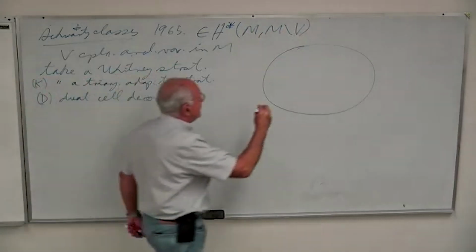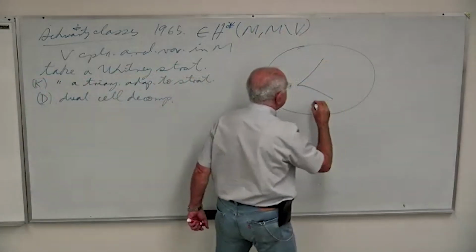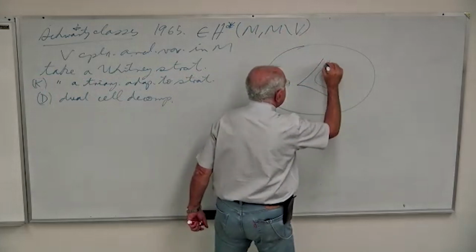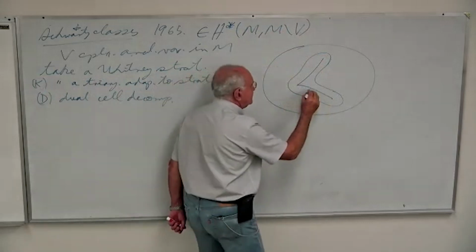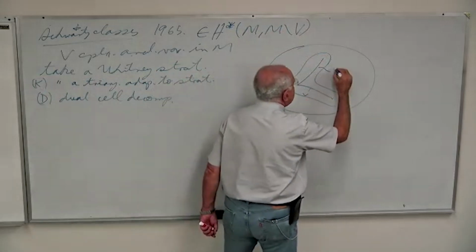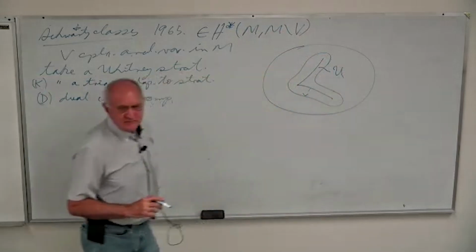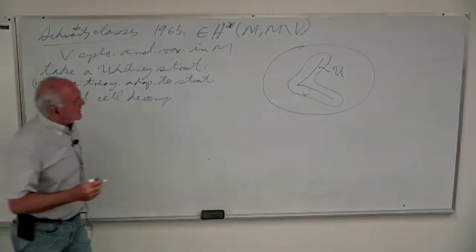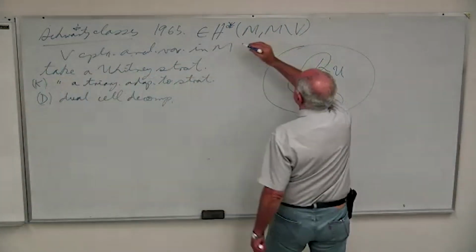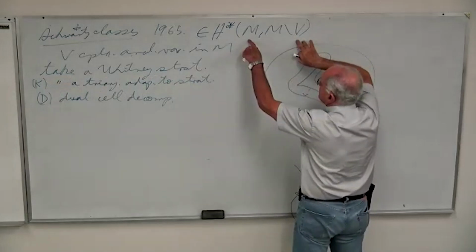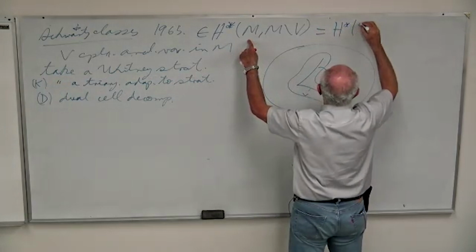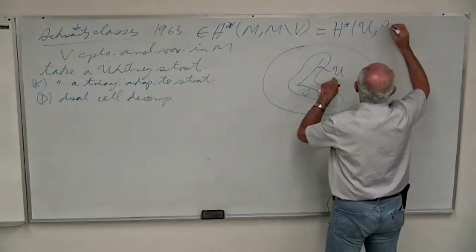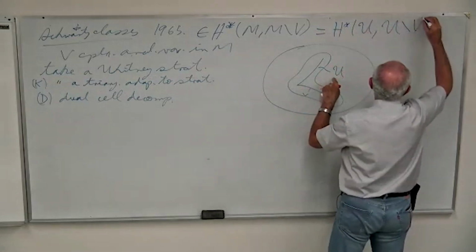You have the singular variety V, and let me take a neighborhood. Now, observe that just by excision, the homology of this is the same as the homology of taking the neighborhood and then the neighborhood minus V. Okay?